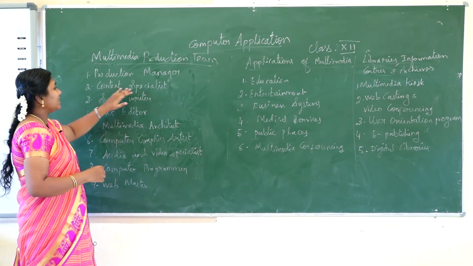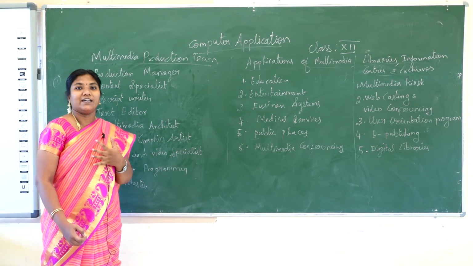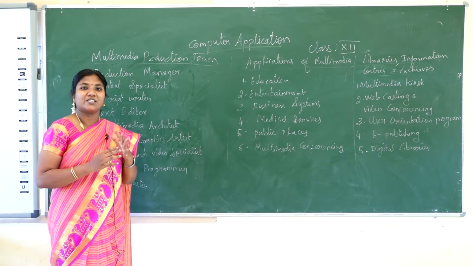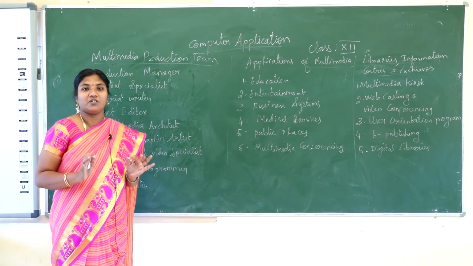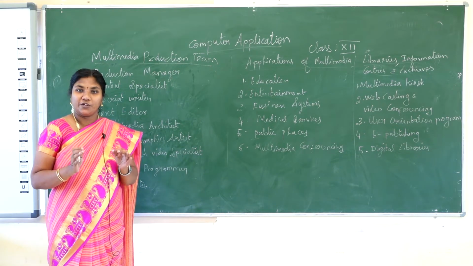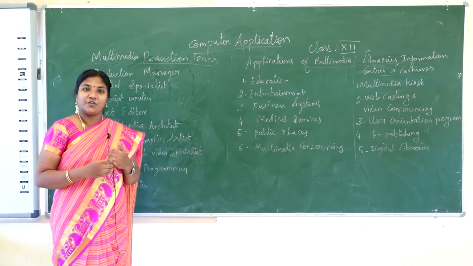The next one is the content specialist, who plays the main role. The content specialist knows the entire project: how it should be delivered to the user, and what the expectations of the user are.